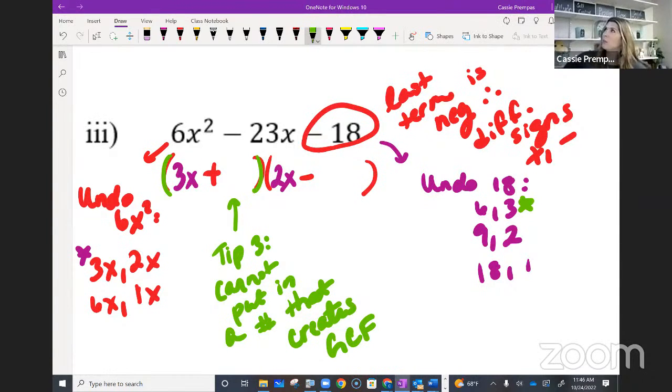Tip 3, you cannot put in a number that creates a GCF. So can I put 6 in with the 3x? No. Can I put 3 in with the 3x? No, so that doesn't work. So it's 9 and 2. Which one should I not put in with 3x? You can't do 9, so what should I put in with the 3x? 2. And what should I put here? 9. Now, how do I know if it worked?